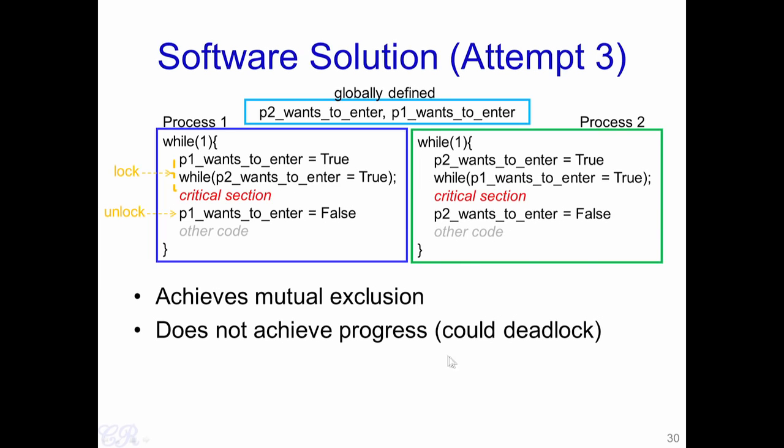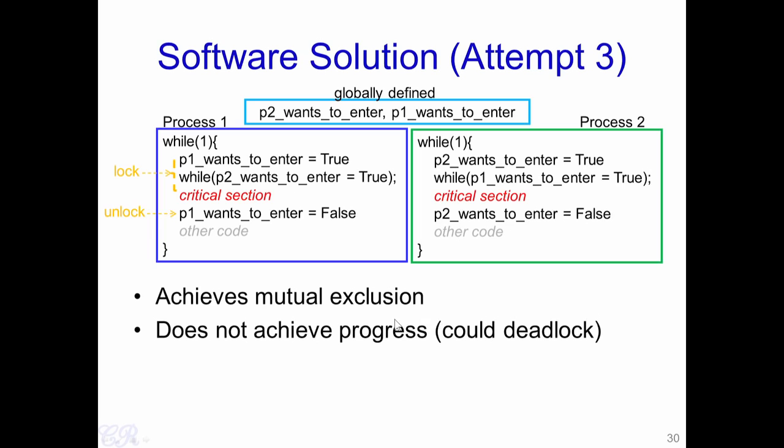Note that the only difference from our previous attempt was that we moved the flag from inside the critical section, that is after the while loop, to before the while loop. So, what we see is that this particular solution achieves mutual exclusion.